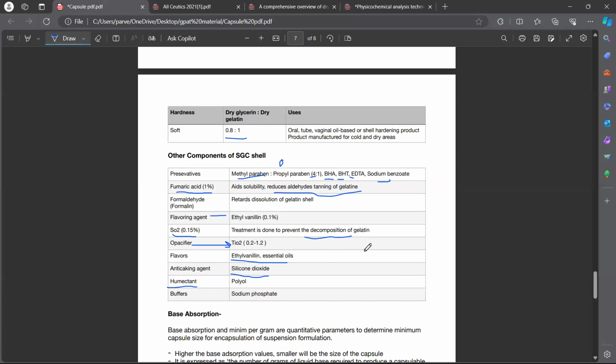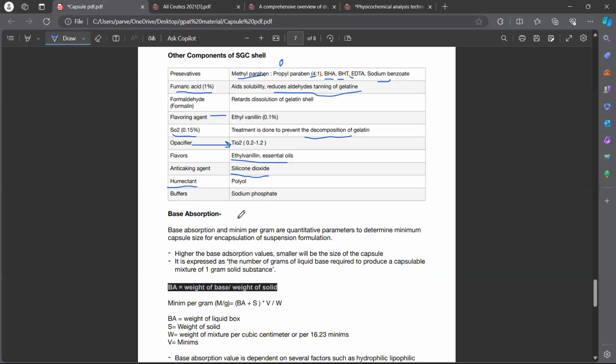Humectants prevent moisture loss from the surface of the gelatin and maintain the integrity of the gelatin. Generally used humectants are polyols, but along with them sorbitol and glycerin are also used. Next, buffers. Buffers generally use sodium phosphate, which is used to maintain the pH of the solution.